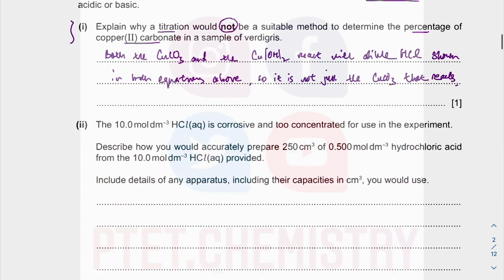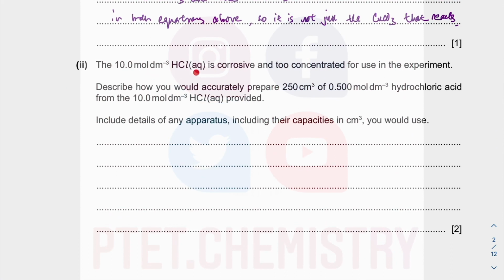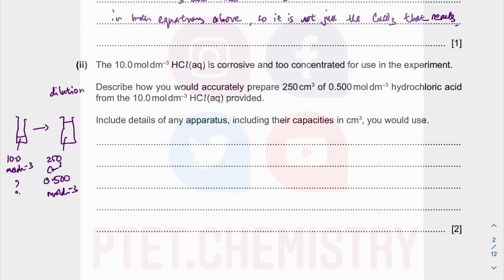That 10 mole per dm cube HCl is corrosive and too concentrated. So this is going to be about dilution. We are taking a more concentrated solution and we are going to dilute it up to 250 cm cube of 0.500 mole per dm cube. We know this is 10 mole per dm cube, but we don't know what volume is required.